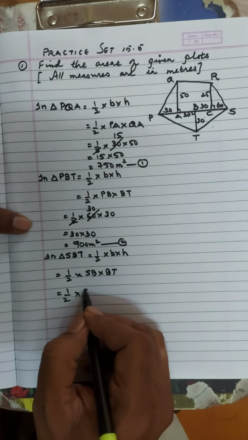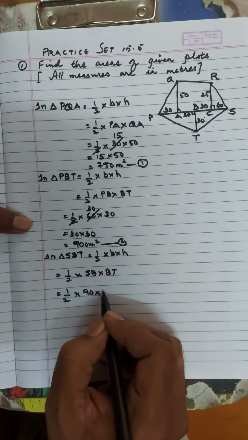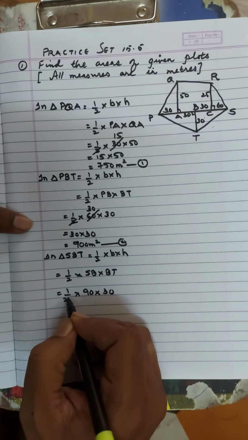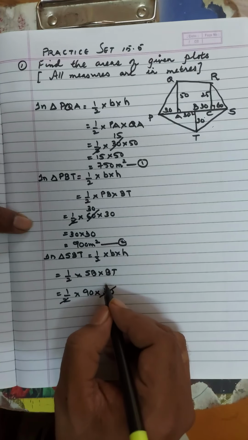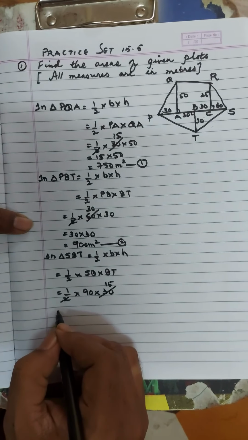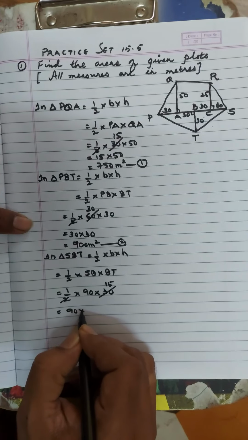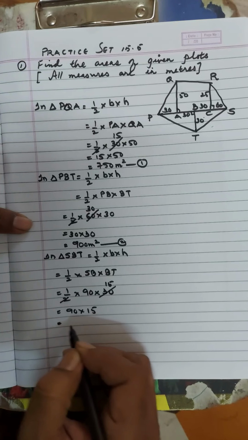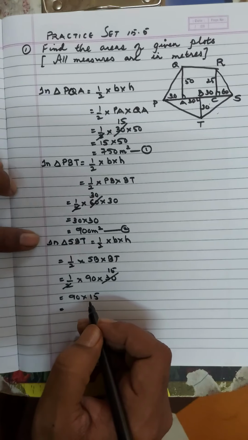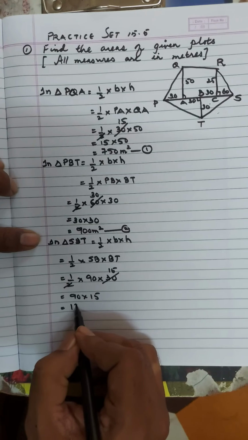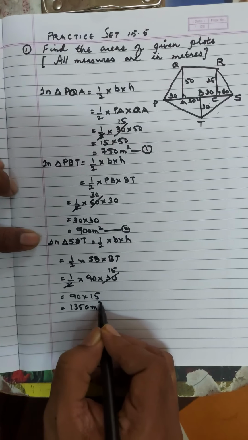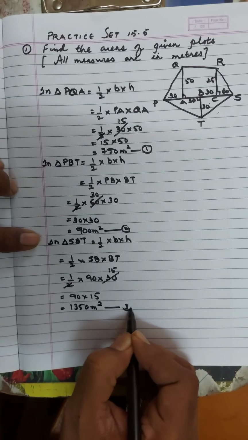We need to carefully take out this value. BT is 30. Dividing by 2 gives 15, so 90 into 15, 15 nines are 135. So 135 meter square, equation number 3.